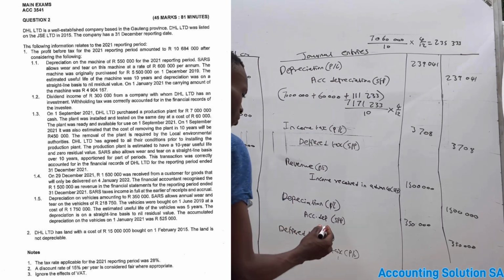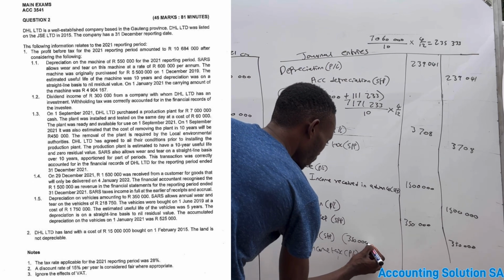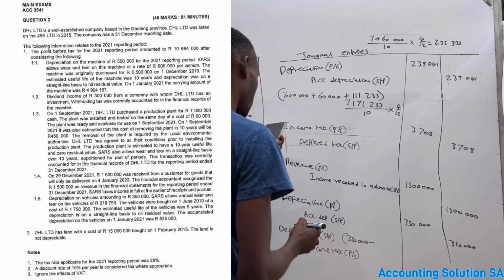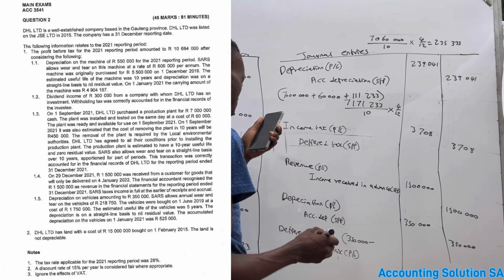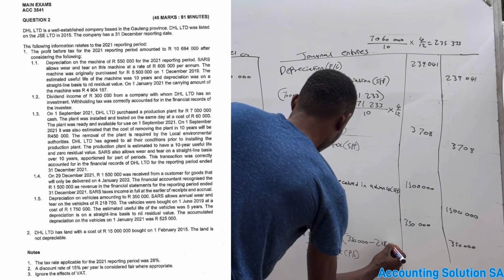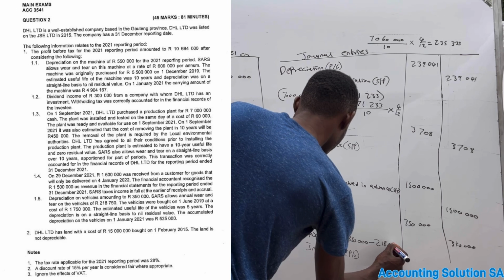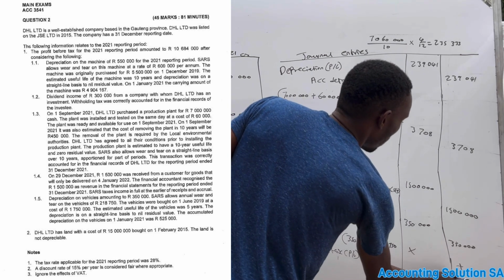Then the amount, you're just going to say 350 minus wear and tear. Wear and tear was how much? Wear and tear was 218,750. Then you will get the answer this side.